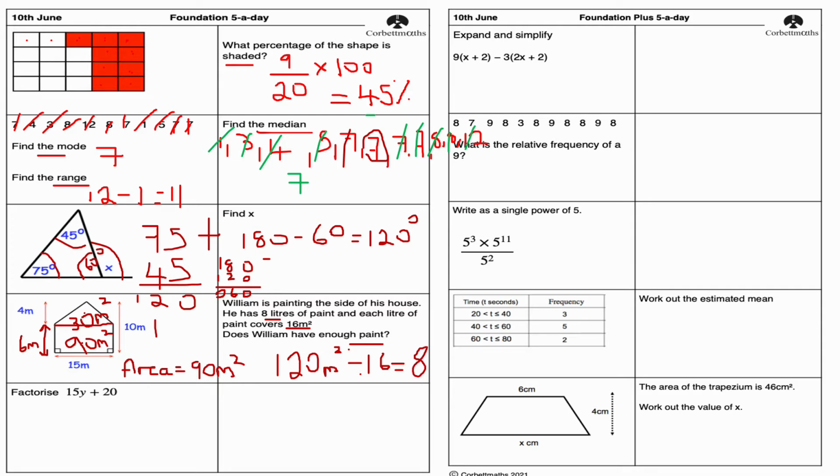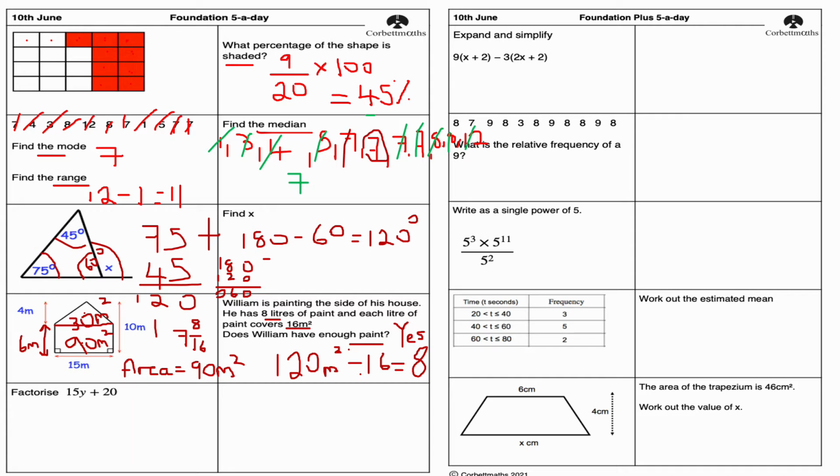So the answer is yes, because 120 divided by 16 is 7 and then remainder 8, so 7, sorry guys, yeah, 7 and 8 16ths, I believe.